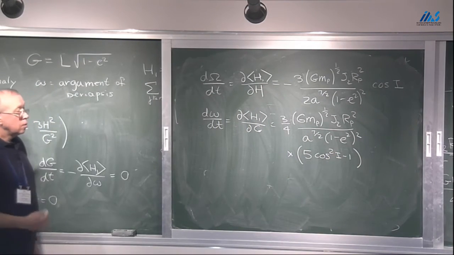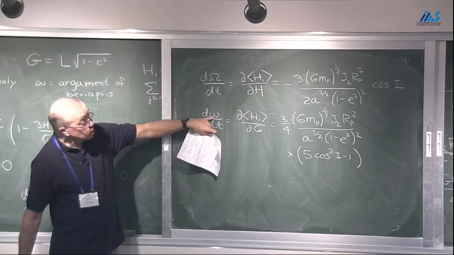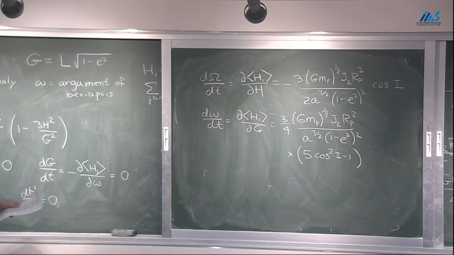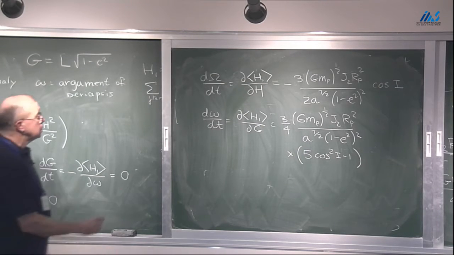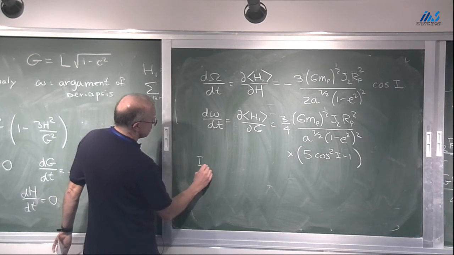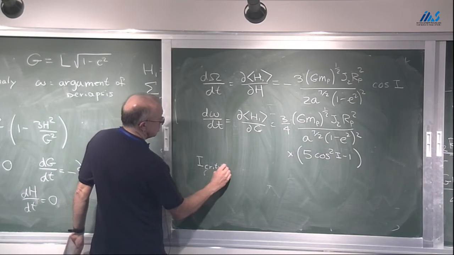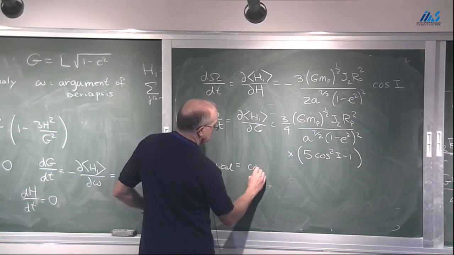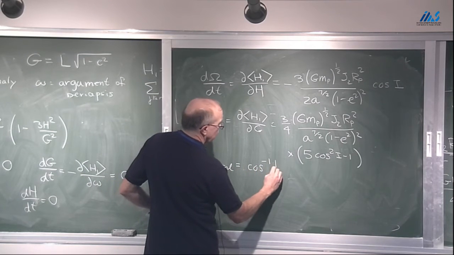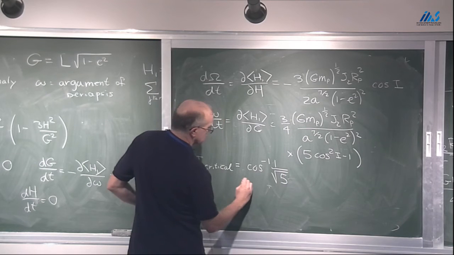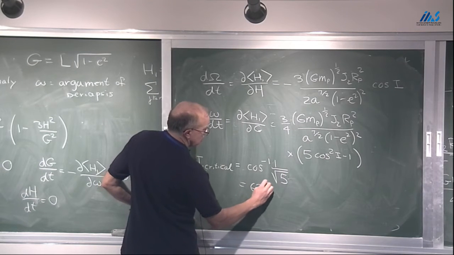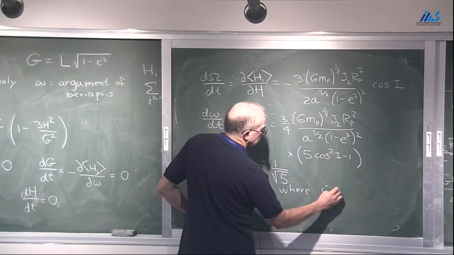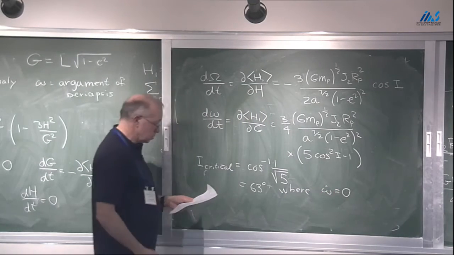So here the apsis argument doesn't always precess forward. Whether it goes forward or backward depends on the inclination, and in particular there's a critical inclination given by the arc cosine of 1 over square root of 5, which is about 63 degrees, where omega dot is 0.